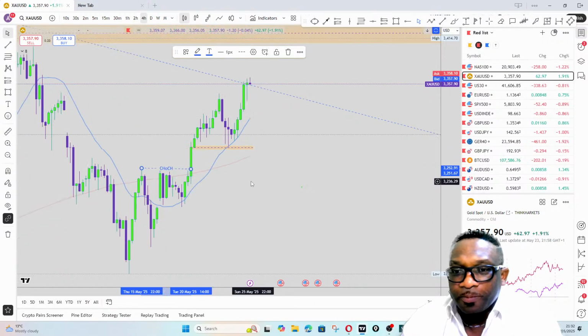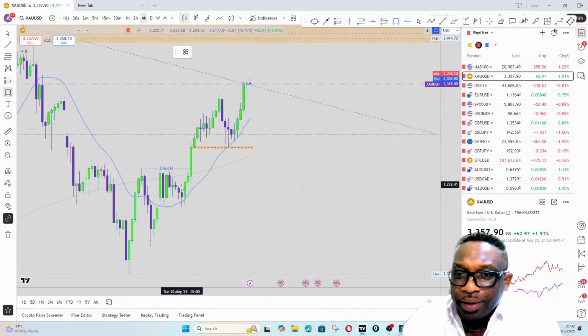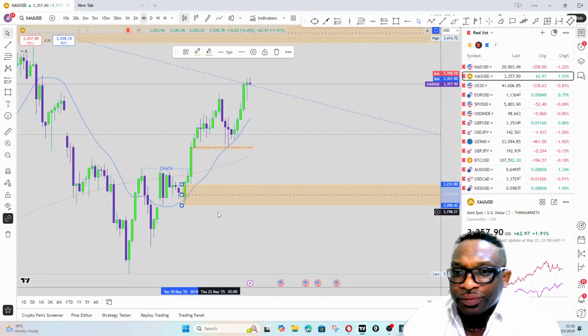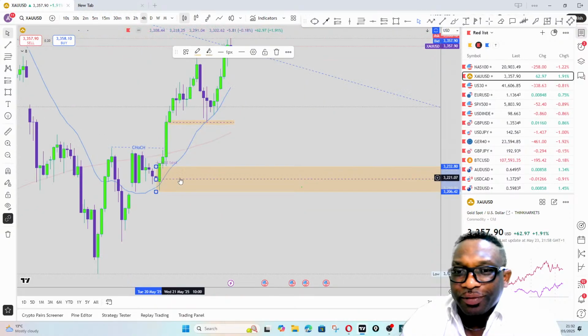Once we mark this change of character, we then have to identify the origin of this move that broke above this previous high, causing the change of character. The origin of this move is right here, the last candle before the impulse move.